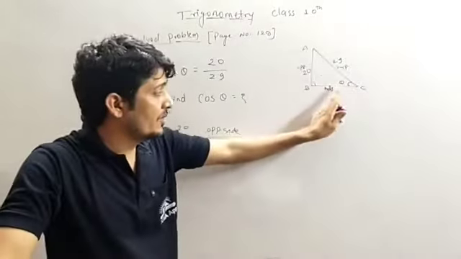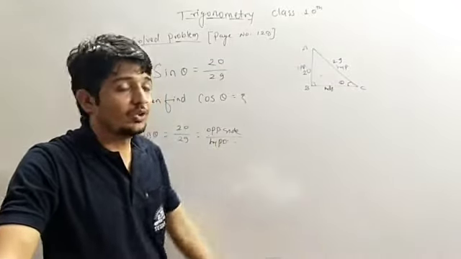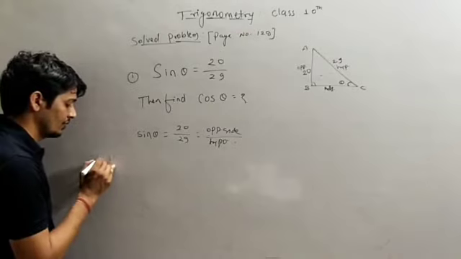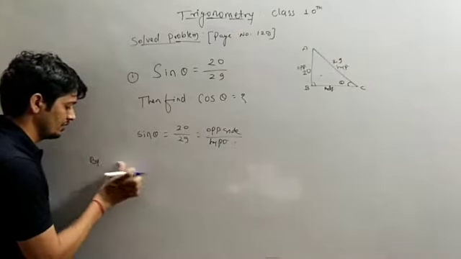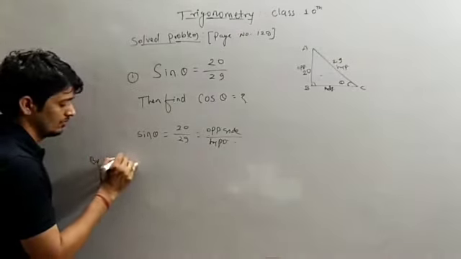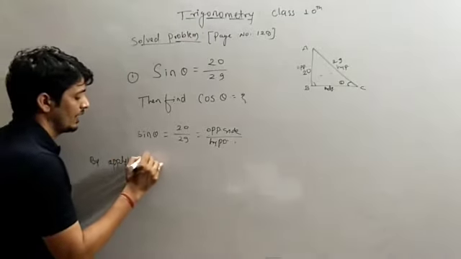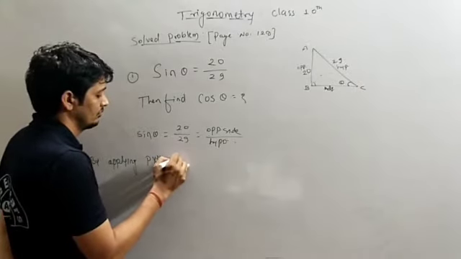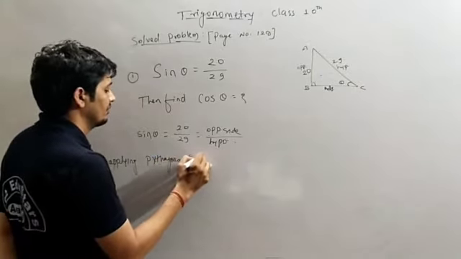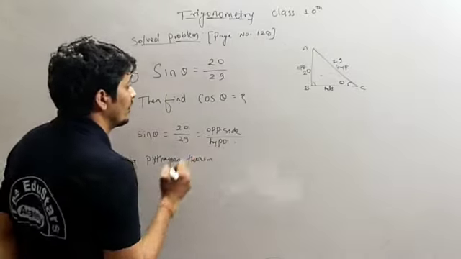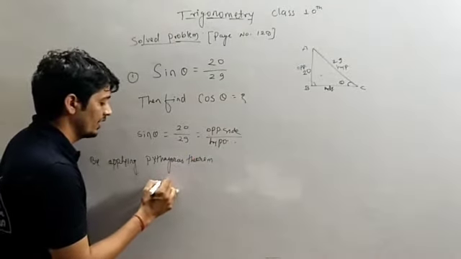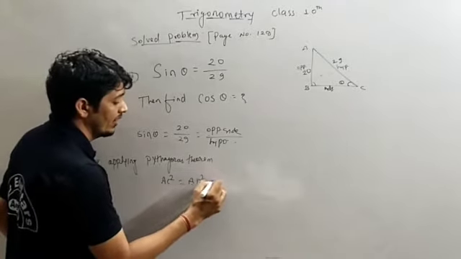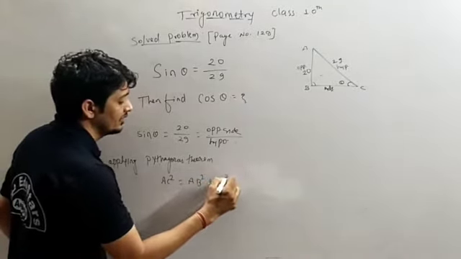So we can calculate the measure of the third side by using the Pythagoras theorem. By applying Pythagoras theorem, we can write AC square equals AB square plus BC square.